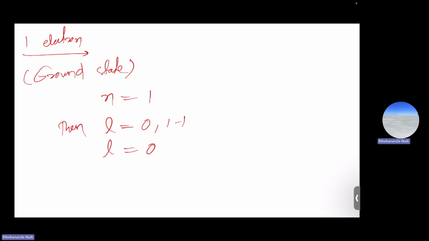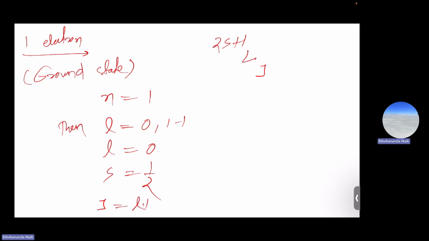And then what will be the value of S? We know for an electron S is half. Now let's remember the spectroscopic notation, which is 2S plus 1, L and J. Since it is only one electron, what will be the value of J?